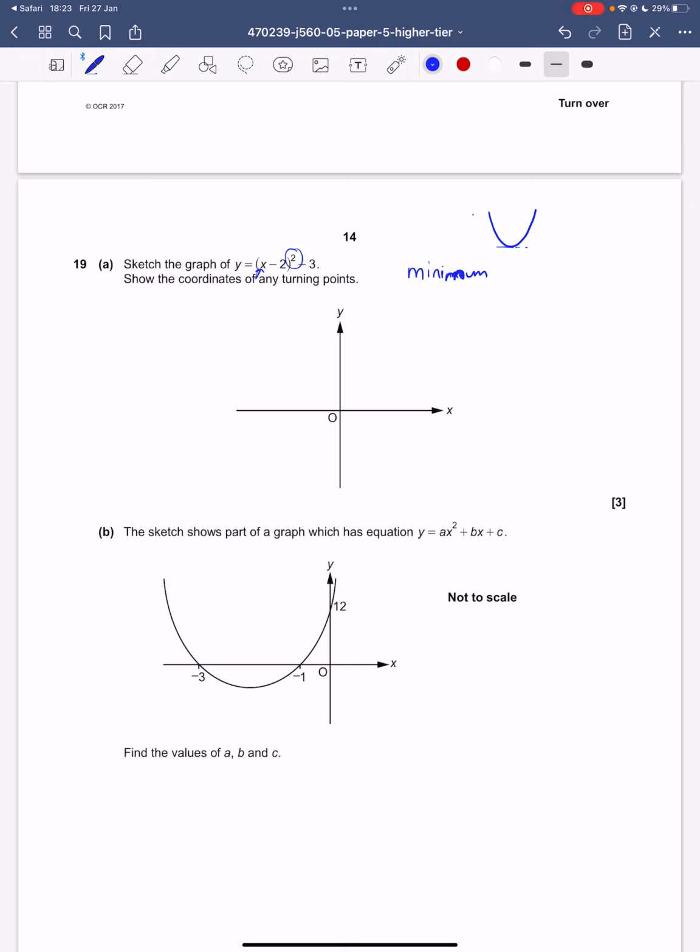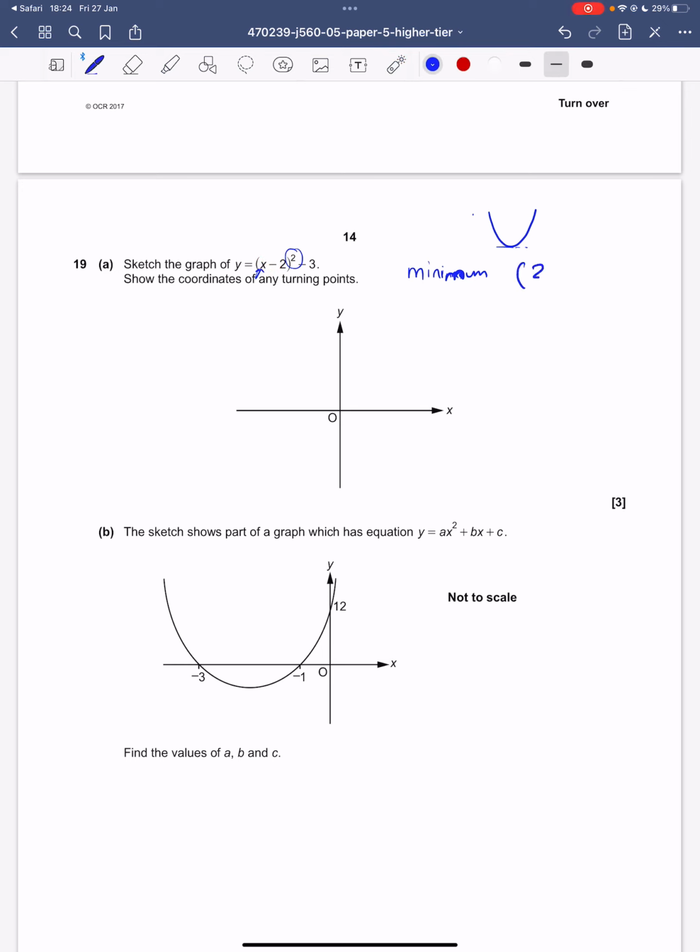The minimum is going to be at, this is something squared. Something squared, the smallest it can be is 0 in real numbers. So x equals plus 2 is going to be the minimum value of x, because that makes this 0.